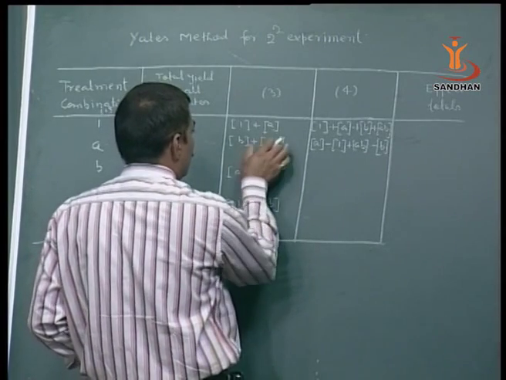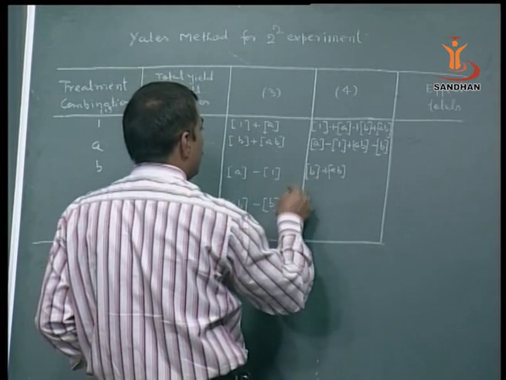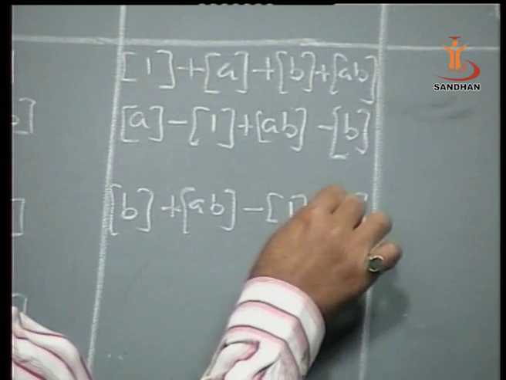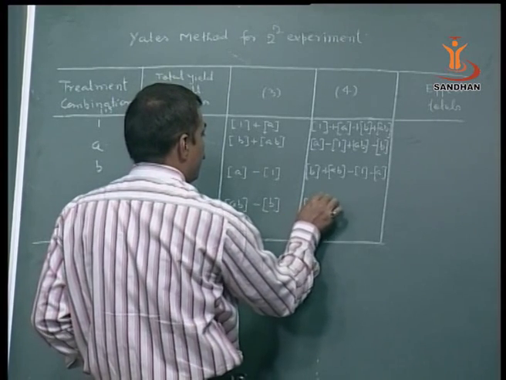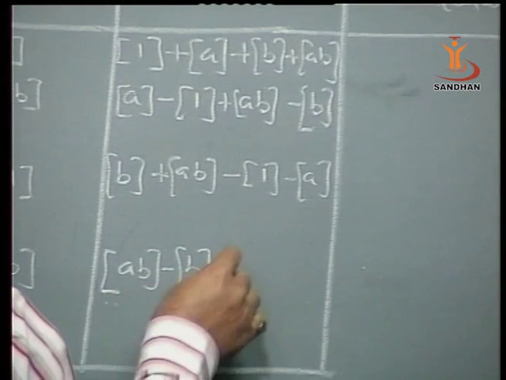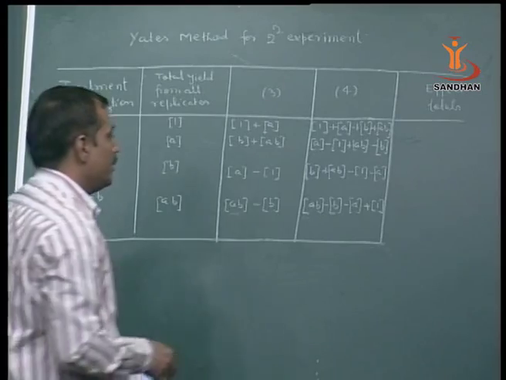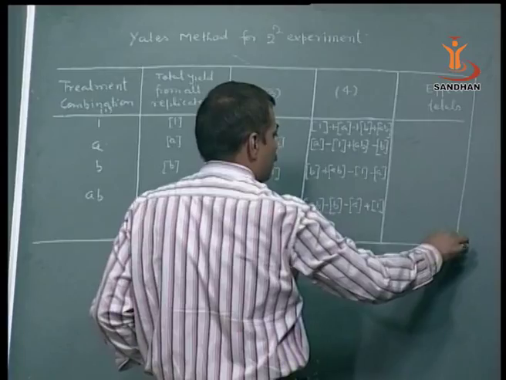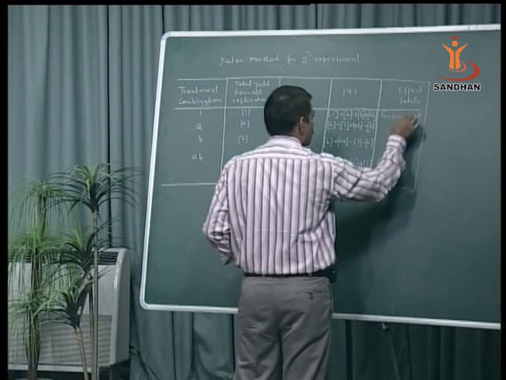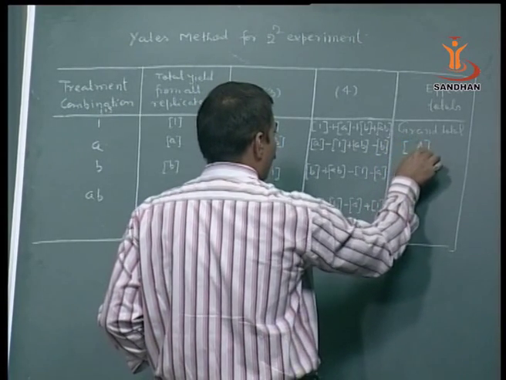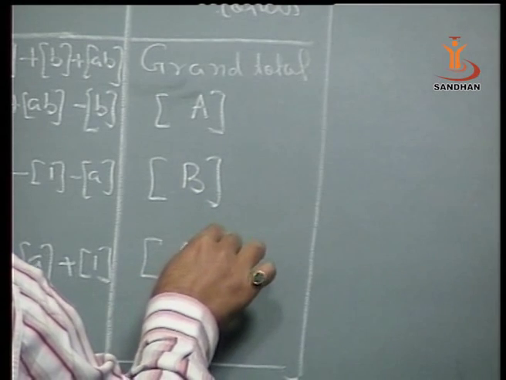Now in third, write the difference of first two, that is b plus ab minus 1 minus a, and here it is ab minus b minus a plus 1. And in the last column this will give you the grand total. And this is the total of factor a, this is the total of factor b, and this is the total of ab.